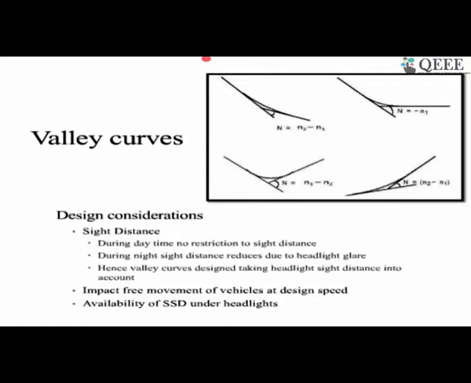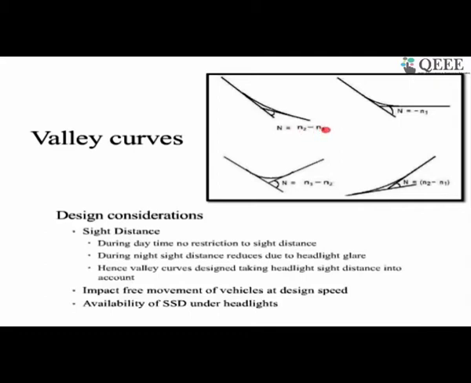Now we'll be moving to the valley curve. As I explained, the difference between the summit curve and the valley curve is the algebraic difference, and if the algebraic difference comes out negative, then it is going to be a valley curve. So we have four instances when we can get a valley curve. First, a steeper descending gradient meets a milder descending gradient.